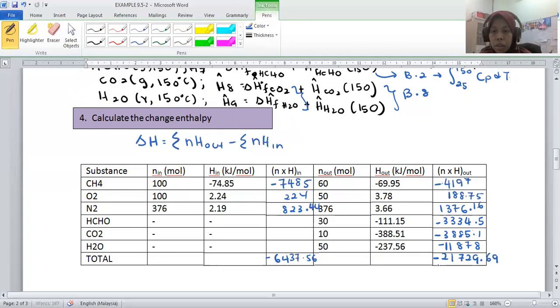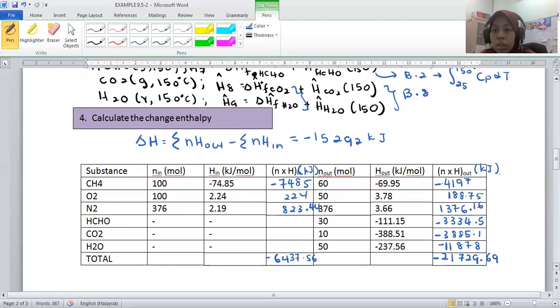So the summation of n H outlet minus the summation of n H inlet, you get the answer negative 15,292 kilojoule. I forgot the unit here is kilojoule, as well as this one, kilojoule.